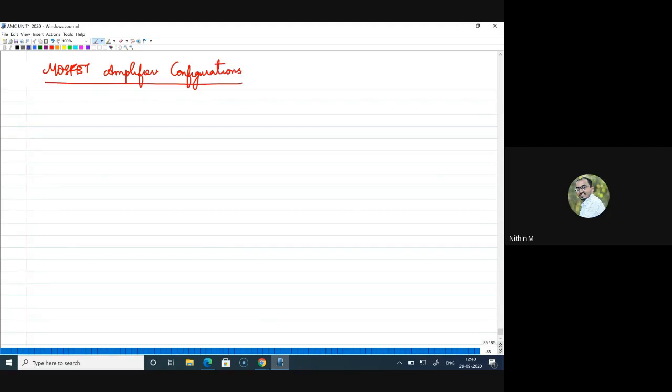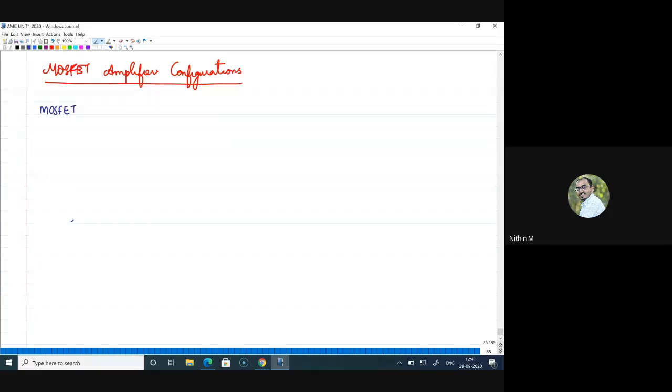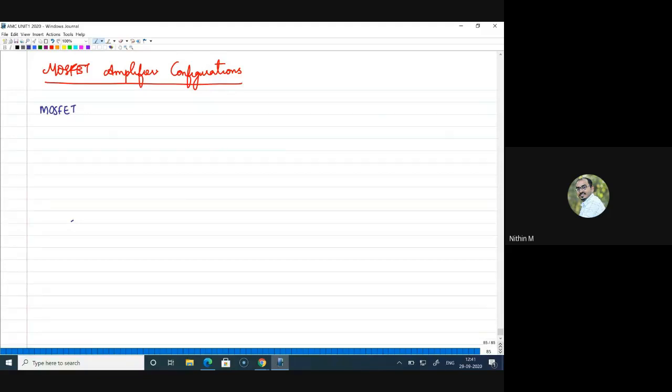What we are exactly looking at here is: we understand the operation of MOSFET. We understand the biasing. We also understood the region of operation. Now, how can I use this MOSFET for some applications? The very common, very simple application of a MOSFET is to use it as an amplifier, especially in analog circuits.